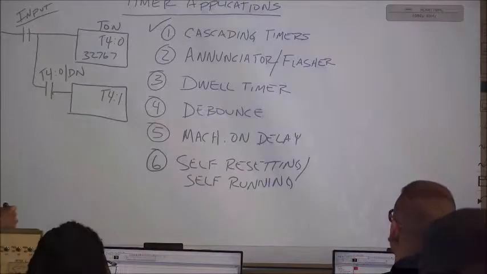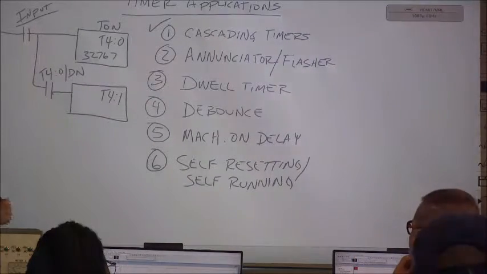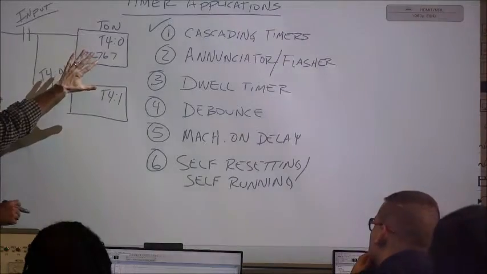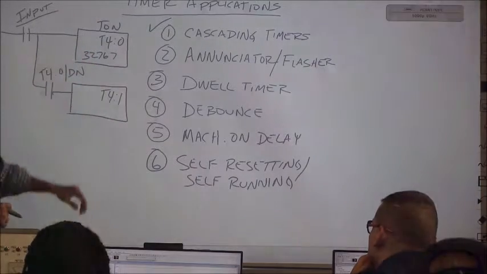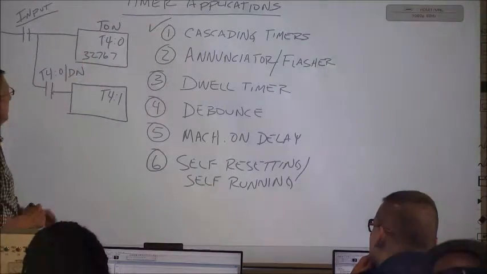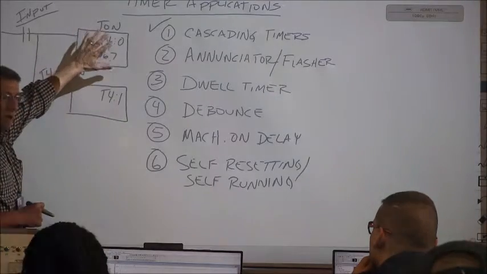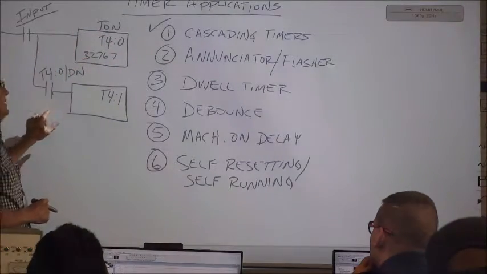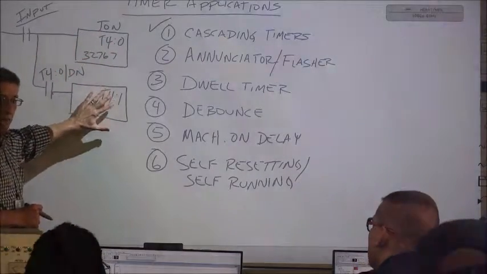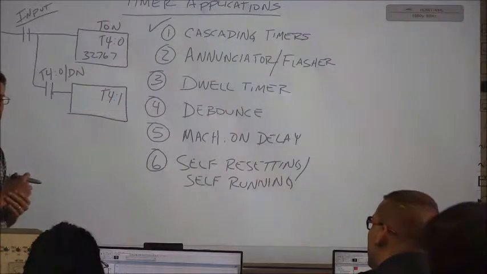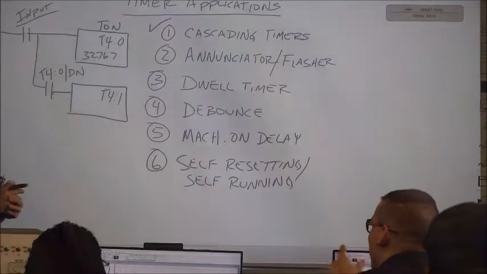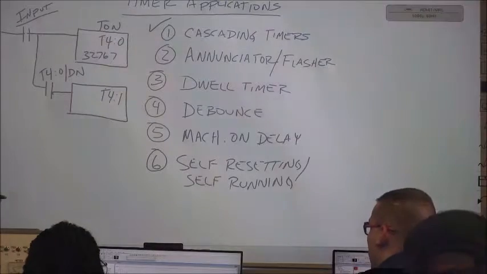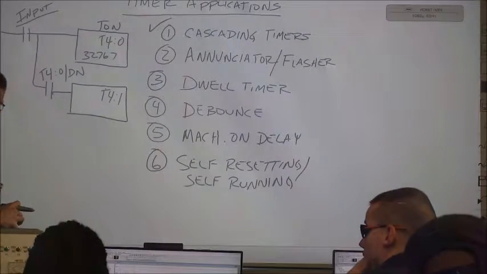Okay, nice. So if we want to set up an 8-hour thing, we can figure that out. The first timer times out, we get the done bit, and then the second timer starts timing. So if you have a heat treating process, you can time each process.